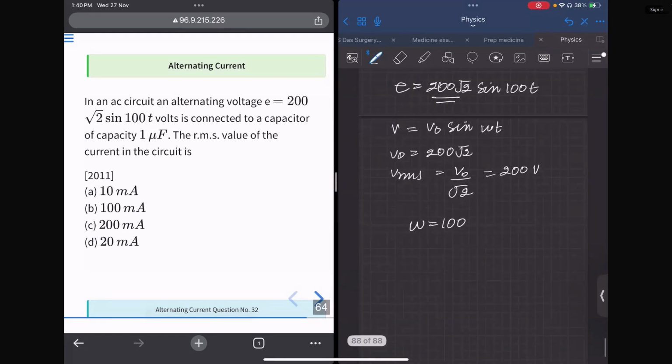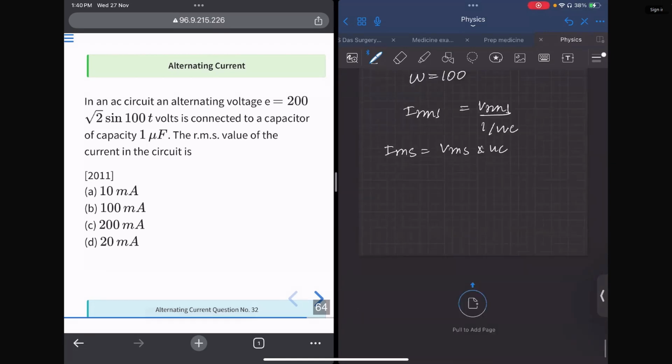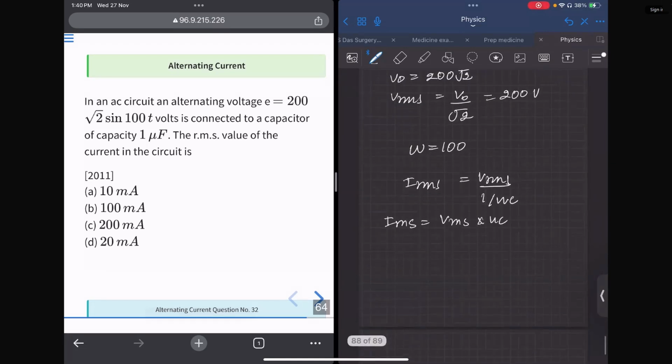So IRMS is VRMS upon 1 by omega C, so IRMS is equal to VRMS into omega C. VRMS we calculated as 200, omega is 100 and C is 10 power minus 6.